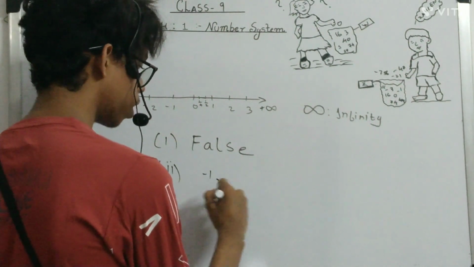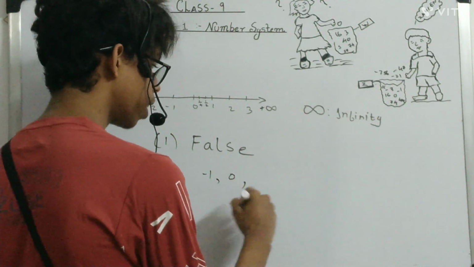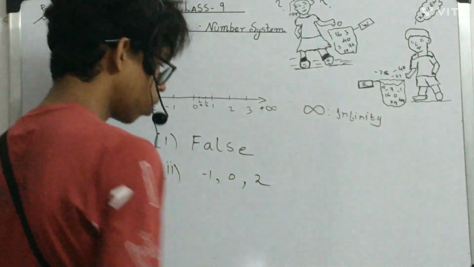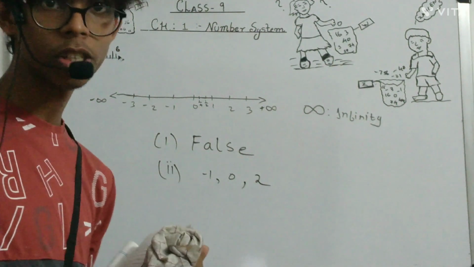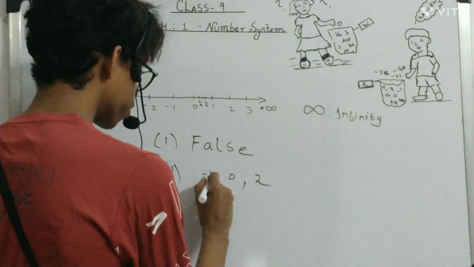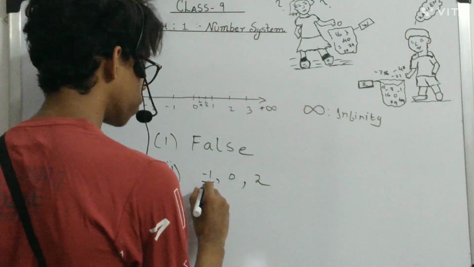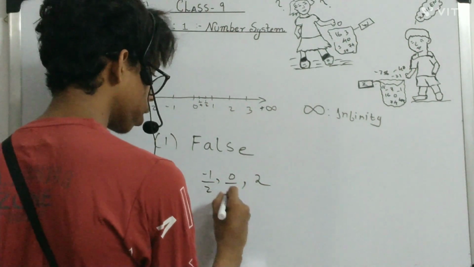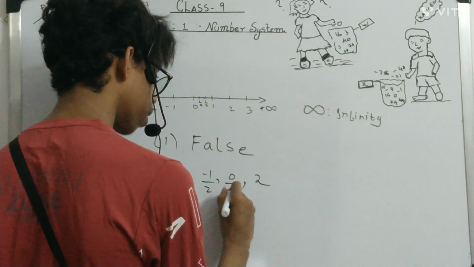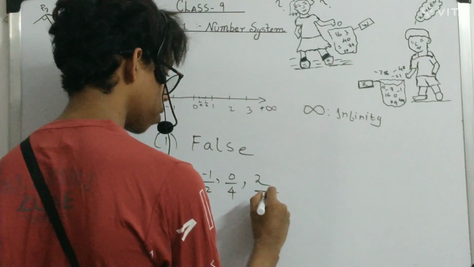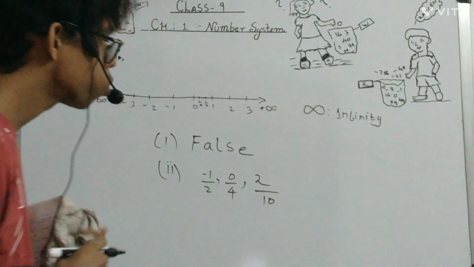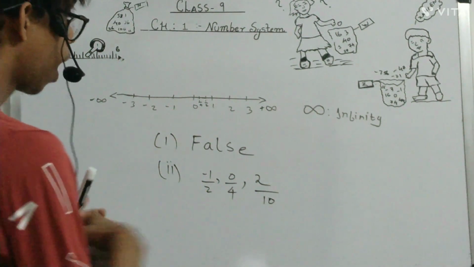If I take minus 1, if I take 0, if I take for example 2, all these are integers. Now I am dividing them by any random number, for example 2 here, 4 here, and 10 here. So what do you observe?